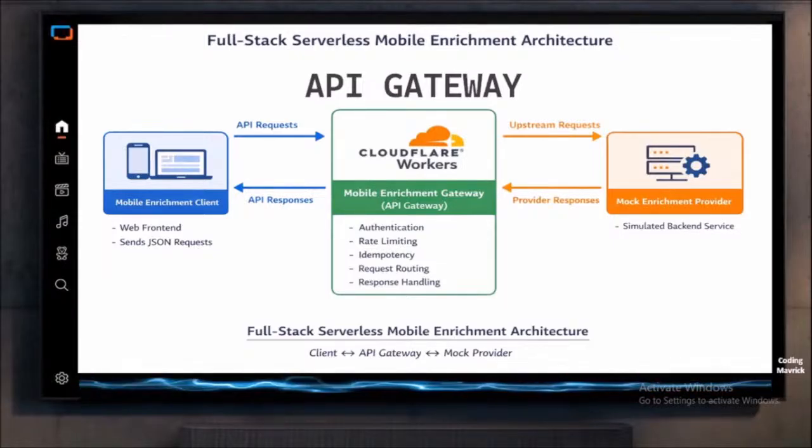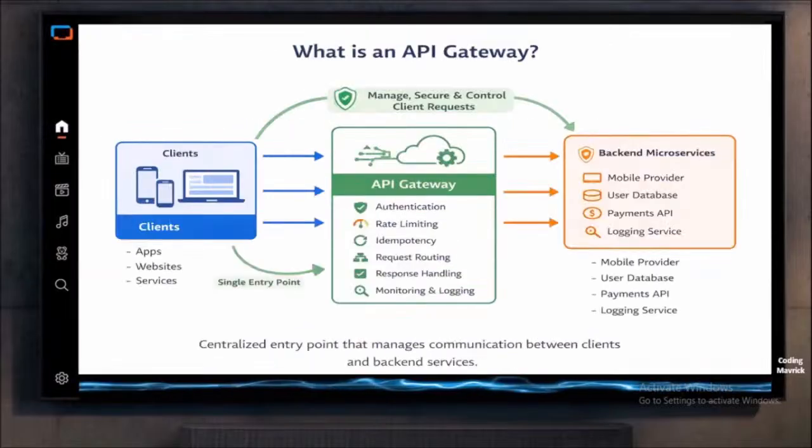Viewers, in modern application architecture, especially with microservices, managing how clients communicate with multiple backend services can become complex and challenging. That's where an API gateway comes into play. An API gateway acts as a single centralized entry point for all client requests.